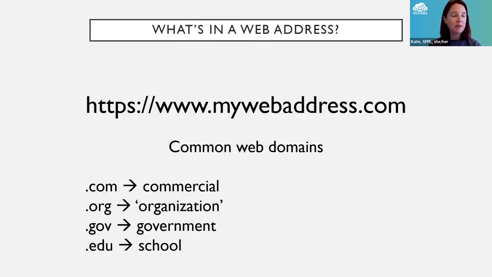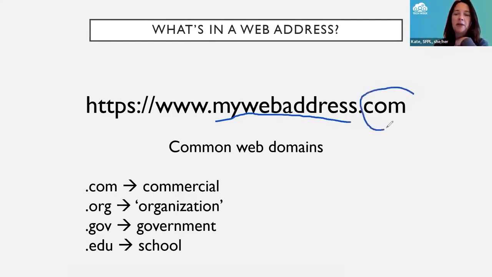Before we get going any further, a brief overview of what's in a website address. This is going to come up later when we're talking about search results. Every website has a unique address on the internet. This part is the part that tells you who they are.